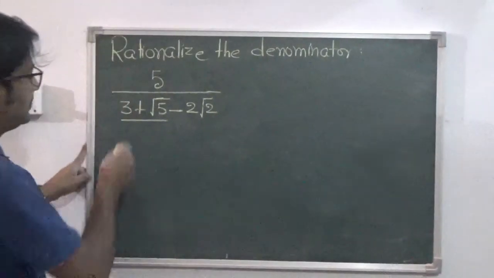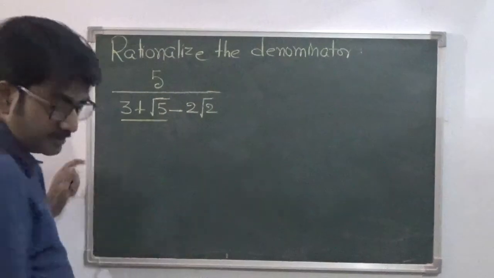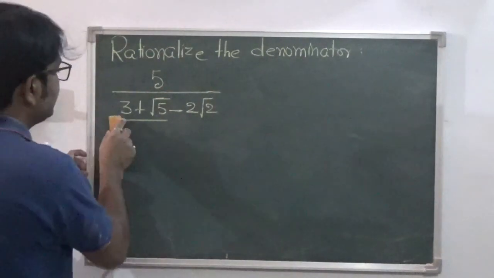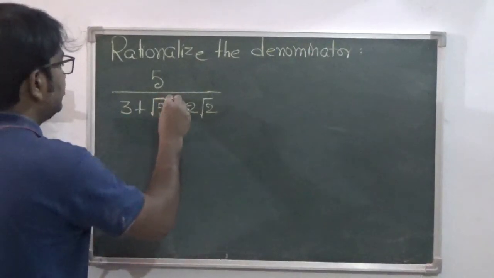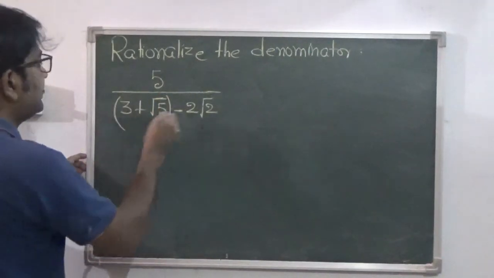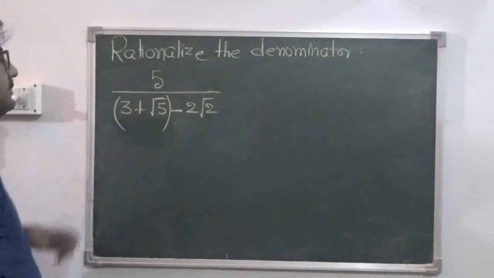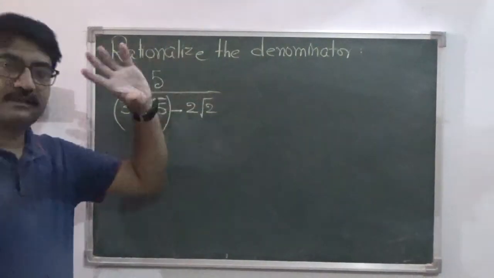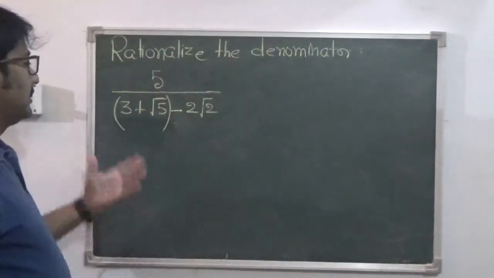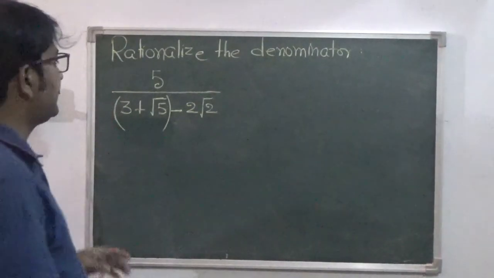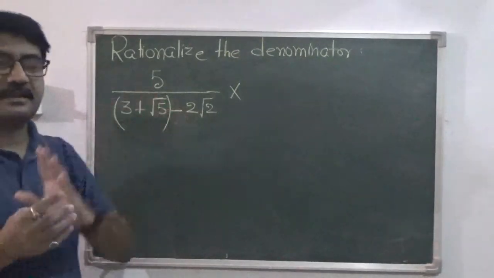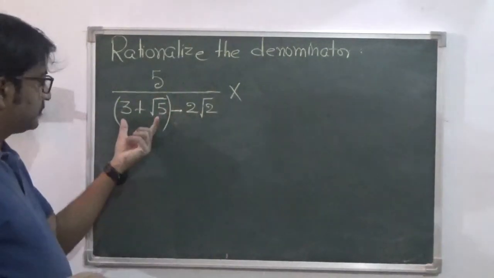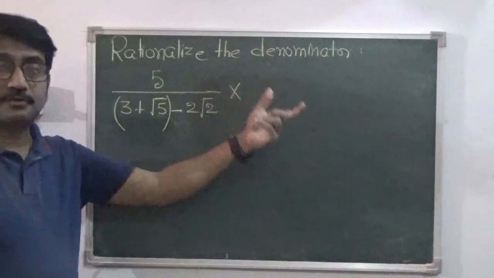So let us group 3 plus root 5 as one term and minus 2 root 2 as the second term. Now we will rationalize as we have been doing. If this is the number, then what is the rationalizing factor? That will be 3 plus root 5 in bracket plus 2 root 2.